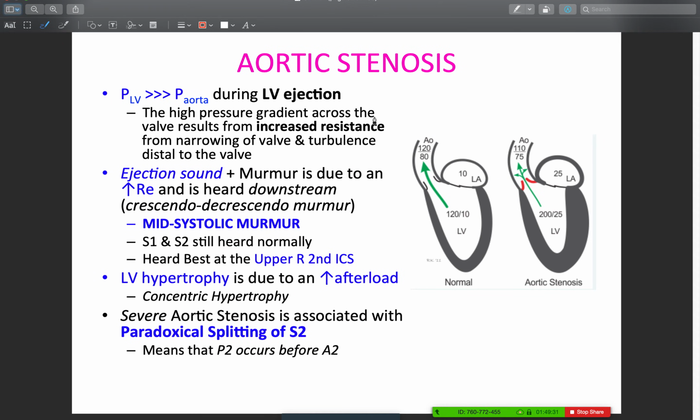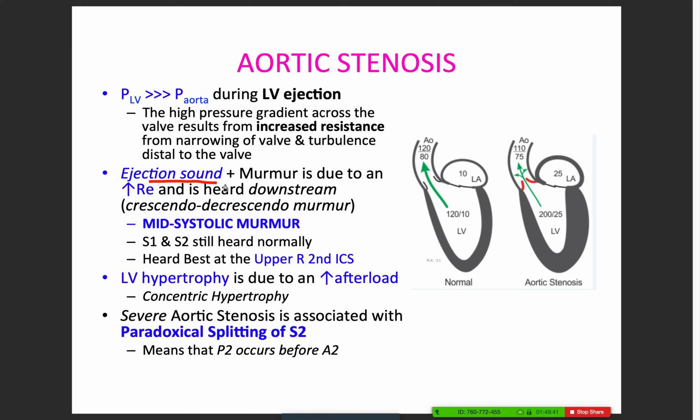Great. So aortic stenosis, I feel like I've really killed this topic today, but there are a couple more things that we can talk about. First is going to be this ejection sound that we hear. Thinking about aortic stenosis, we said the most common cause is just this calcification of the valve that happens normally as we age. Okay, so think about these valves that are just crusted in calcium.